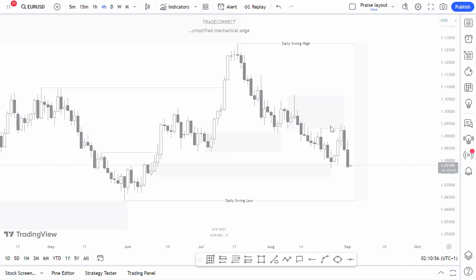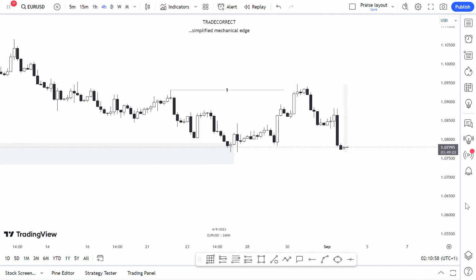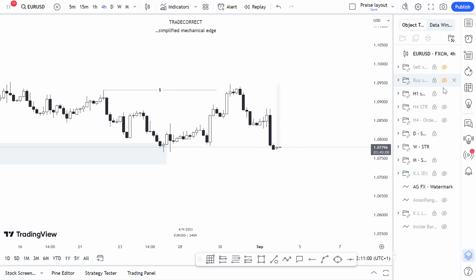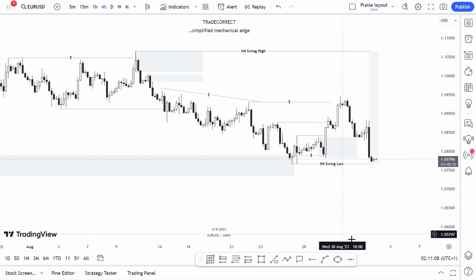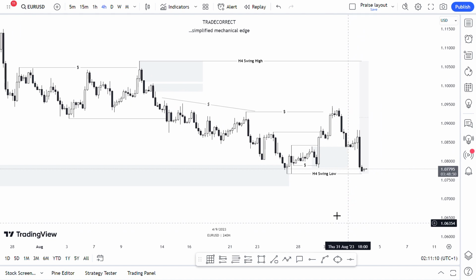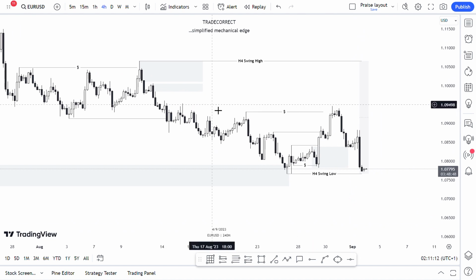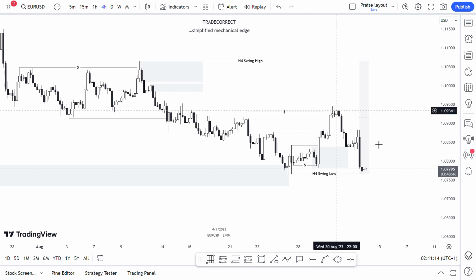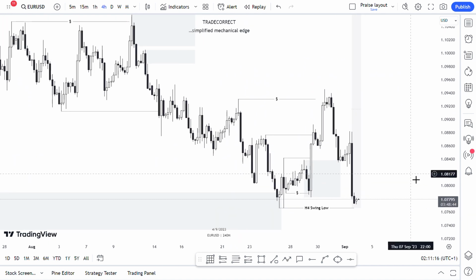Anyways, on the 4-hour chart, what do I have on the 4-hour chart? Let me see. Okay, fractal structure. Let me take this off for now. Okay, now this fractal structure, I haven't drawn out the new fractal structure, but our fractal high and low remains the way it is. You can see price is clearly not respecting those levels.